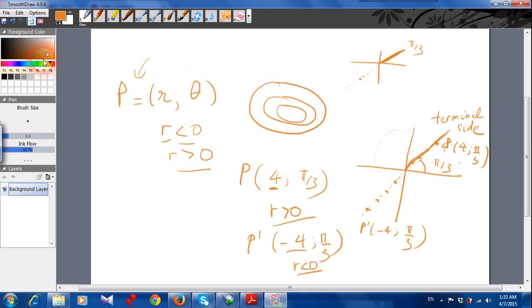We have another example, with a negative angle, like (3, minus pi over 2). First, we need to identify the angle, negative here, so it will go this way. This is the terminal side.